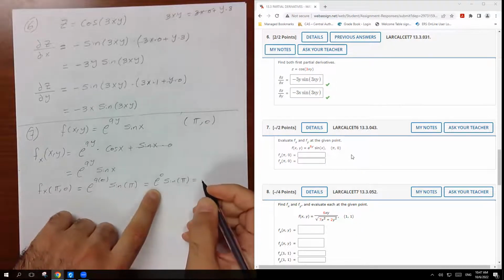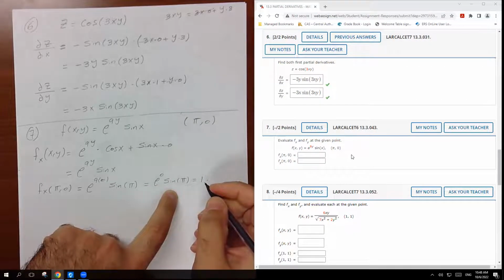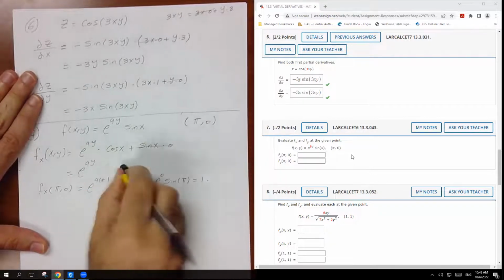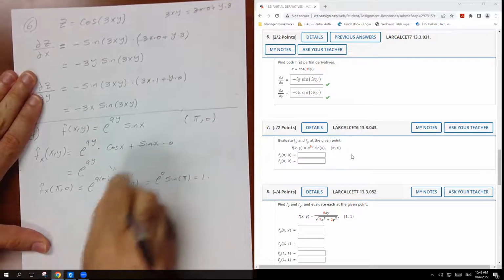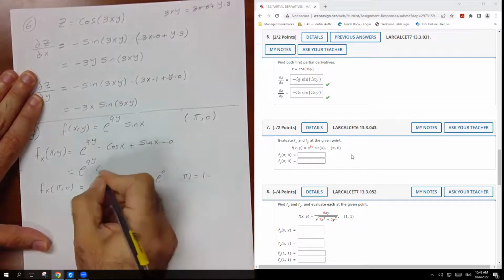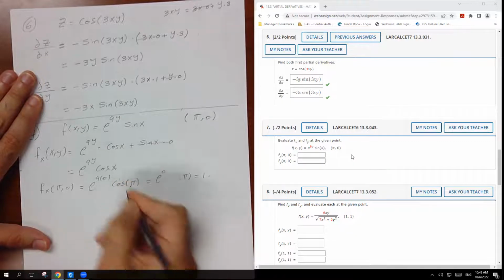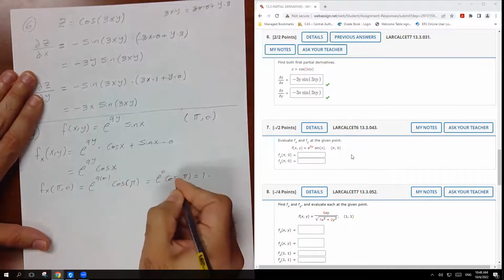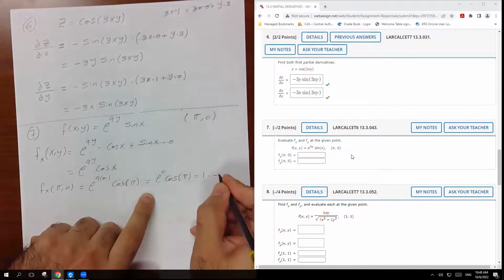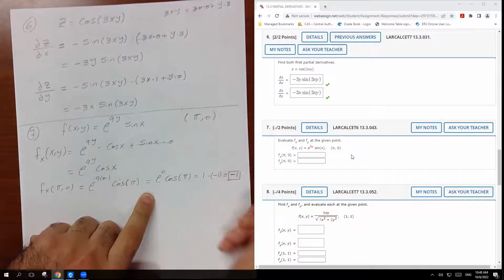E to the 0 is 1, and cosine pi is negative 1. That means the result is going to be negative 1.